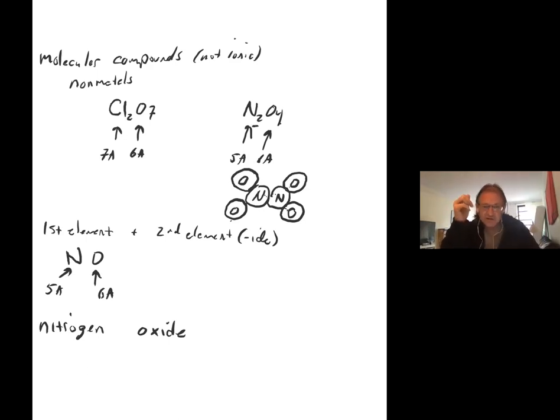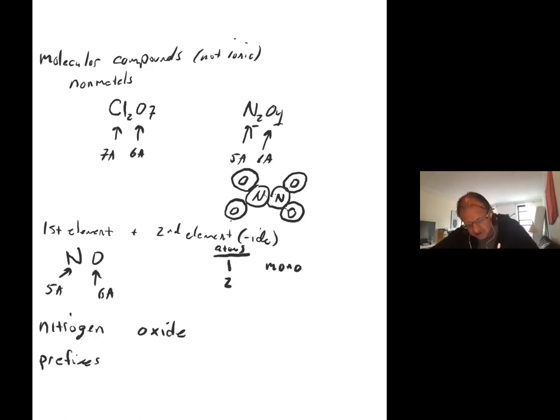Now, in order to take into account you can have more than one nitrogen and more than one oxygen, we use what are called prefixes. And there's just a set of rules with using these prefixes. So let me show you the prefixes. If you have one atom, so this is the number of atoms for that element, it's mono.